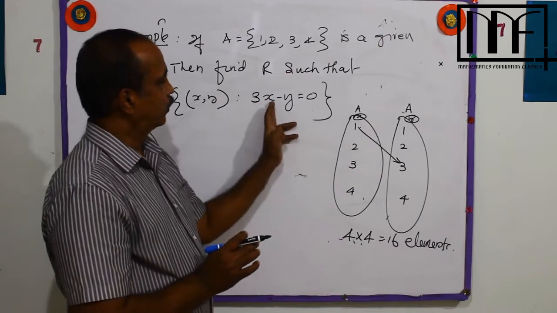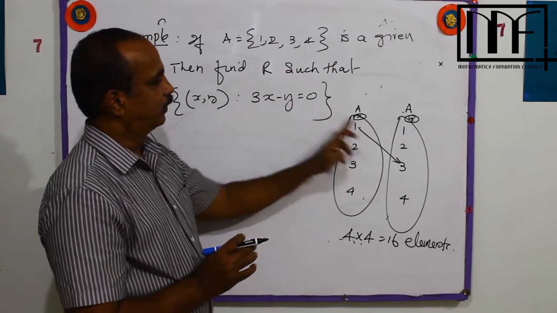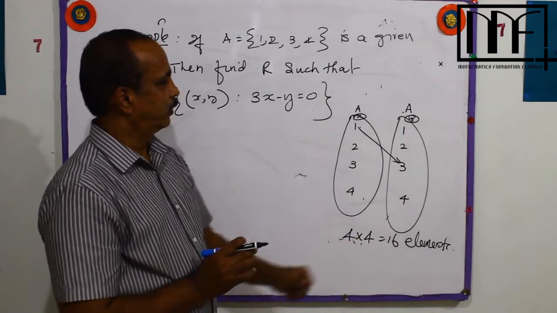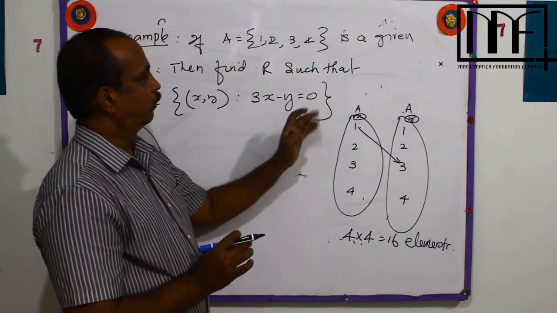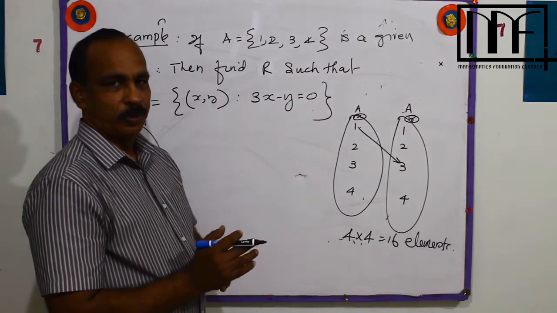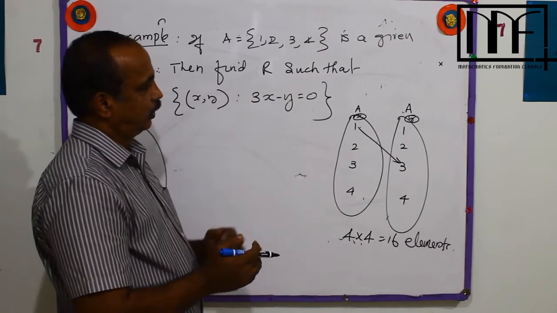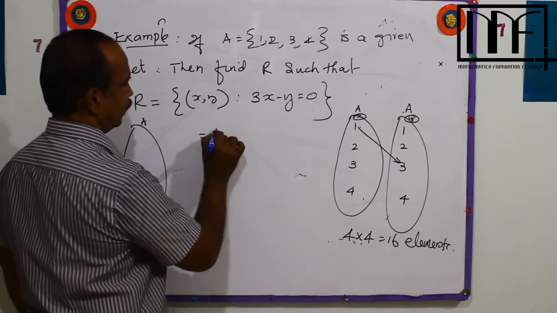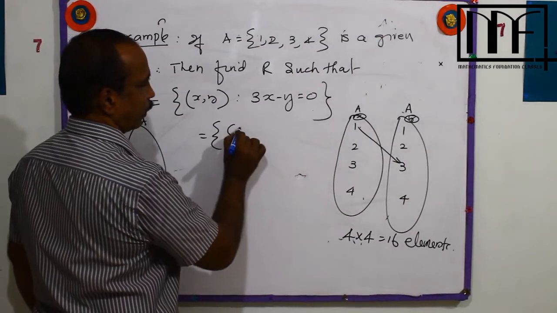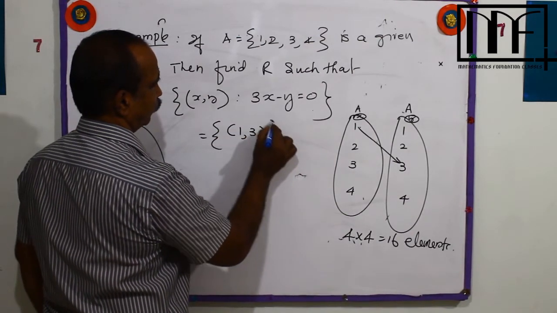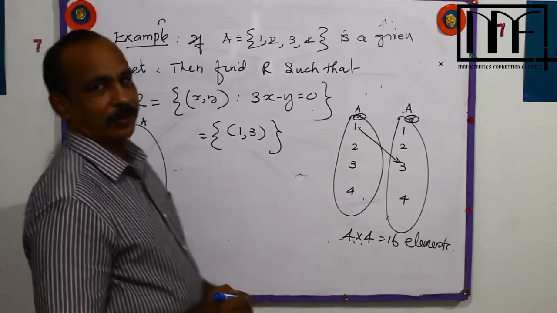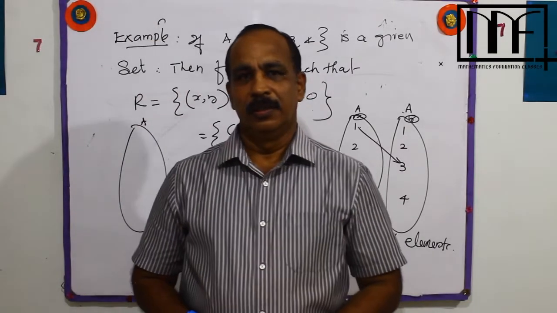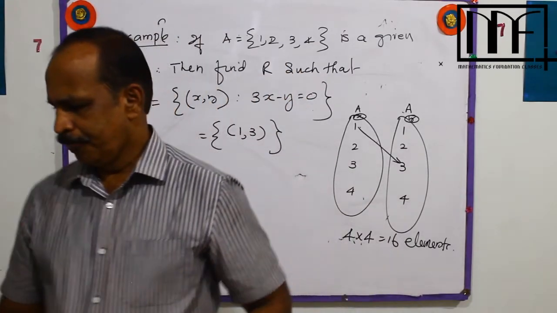And if you take 2, 3 twos are 6, but we don't have a 6 in the second set, so 3x minus y will not be equal to 0. So we do not get another pair which satisfies the condition. Therefore, the only answer here is the ordered pair 1, 3, which satisfies the given relation.